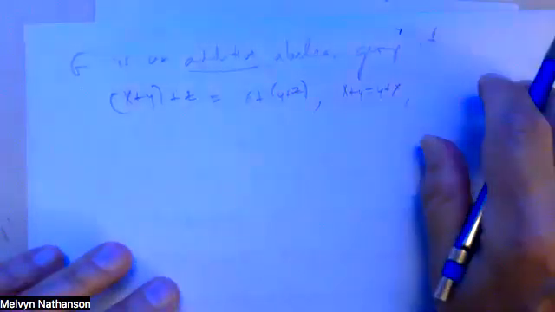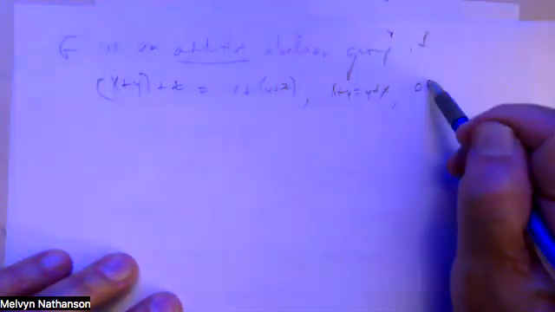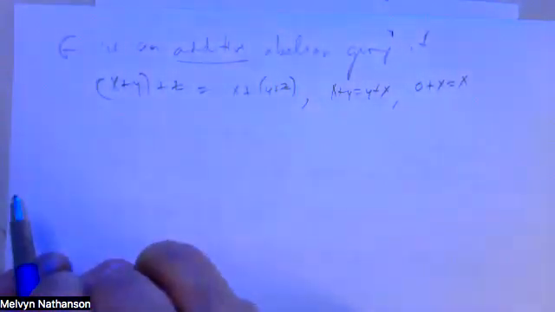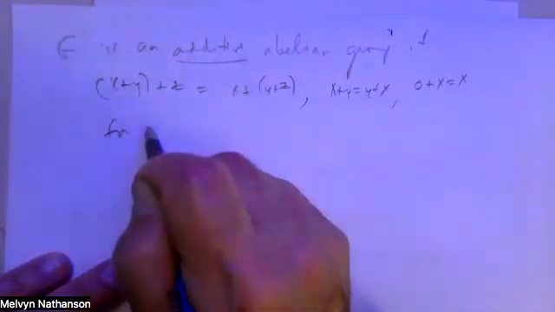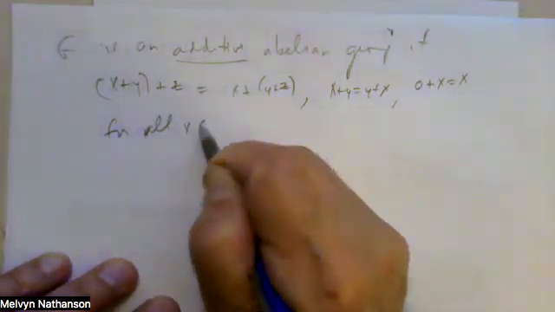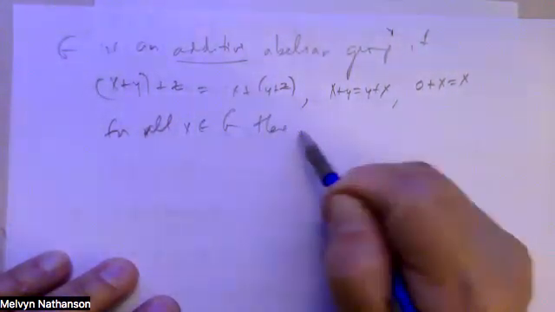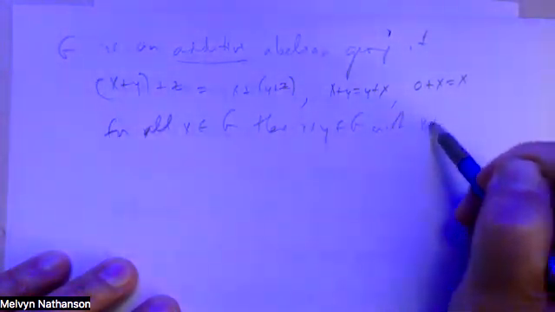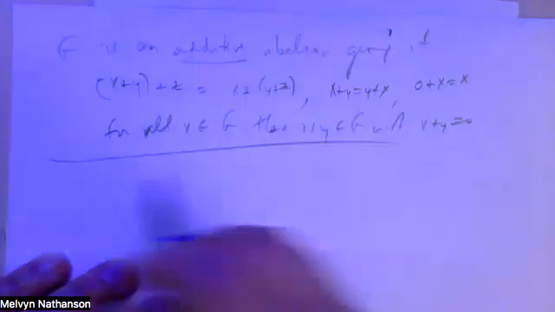There's an identity element, which we can call 0: 0 plus x is equal to x for all x. And there's an additive inverse: for all x in the group, there is a y in the group with x plus y equals 0.